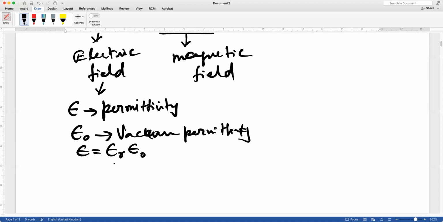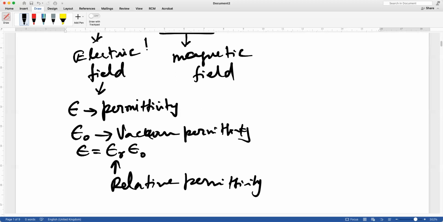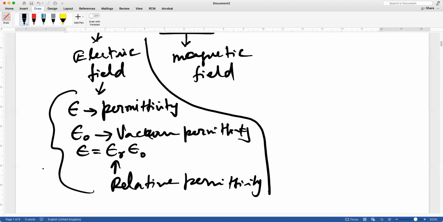Similarly, this is under the electric property, and these things come from the medium or the material. We understand that.